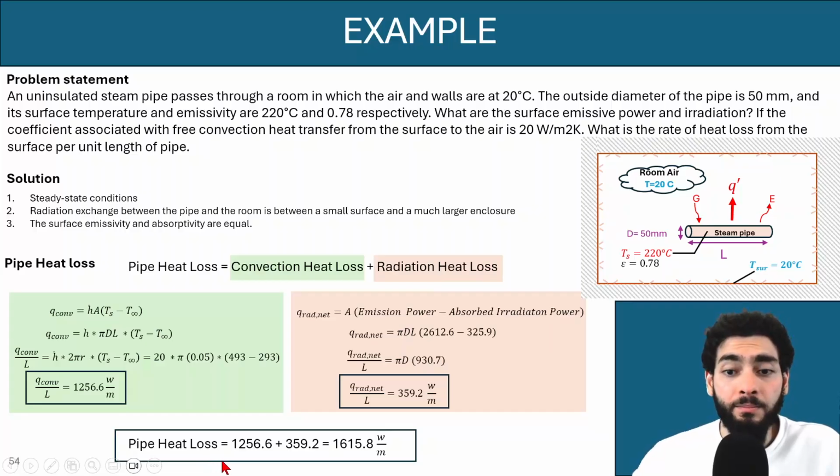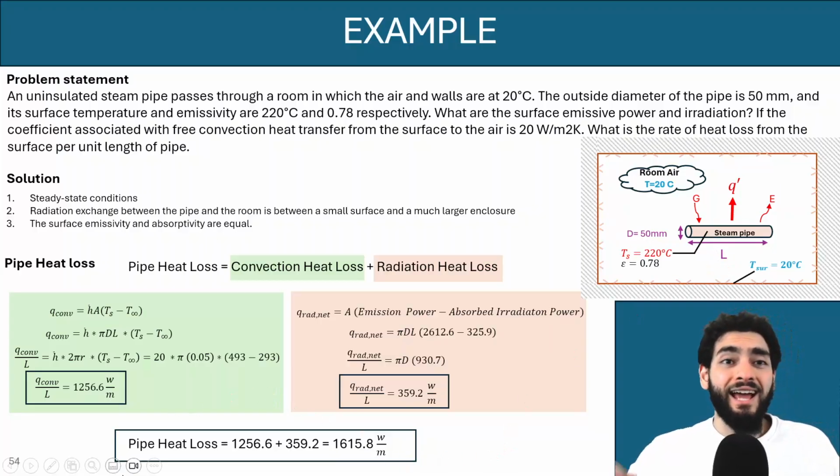And so you get the pipe heat loss. The total is 1,256.6 plus 359.2, and that equals 1,615.8 watts per meter of heat loss of the pipe inside. So if you know the total length of pipe inside the room, you can calculate how much heat the pipe is losing inside the room.